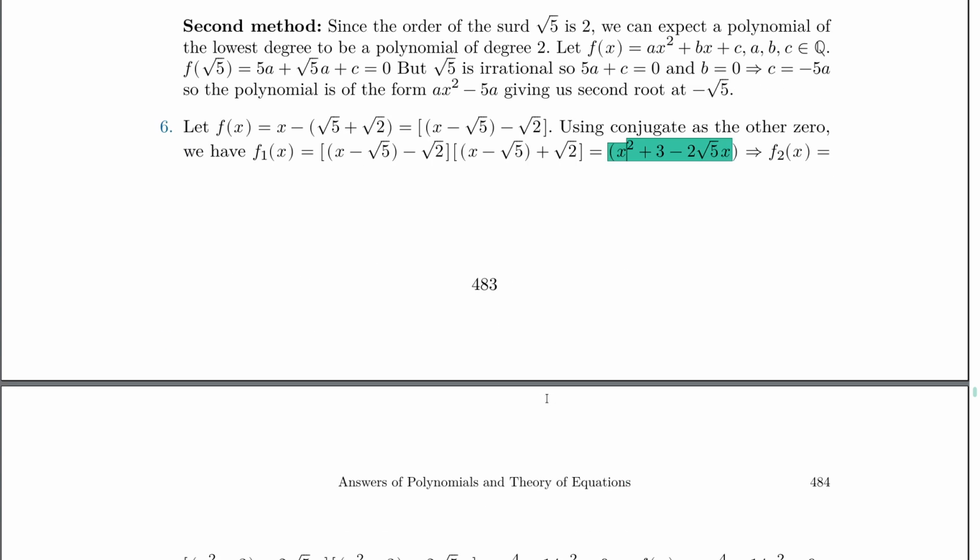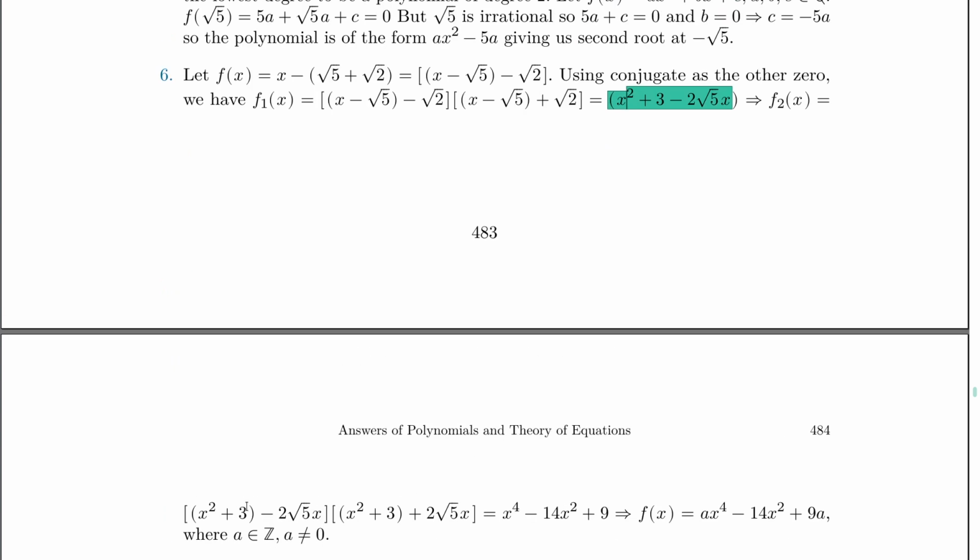Now we take f2(x) as x square plus 3 minus 2 square root of 5 x. We have f1(x) as this and f2(x) as its conjugate, x square plus 3 plus 2 square root of 5 x. The product would be x to the power 4 minus 14x square plus 9.